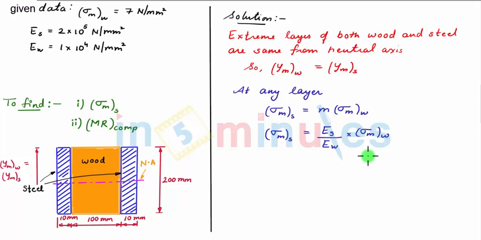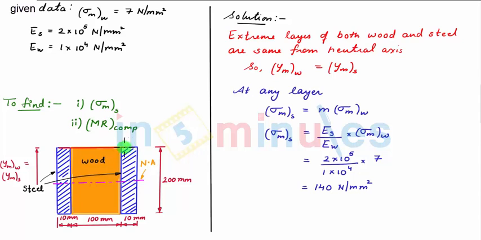Now upon substituting these values, we get the sigma max of steel as ES is 2 into 10 to the power 5 Newton per mm square upon EW is 1 into 10 to the power 4 Newton per mm square into sigma max, the maximum stress induced at the extreme layer in the wood, which is given as 7 Newton per mm square. So this value comes out to be 140 Newton per mm square.